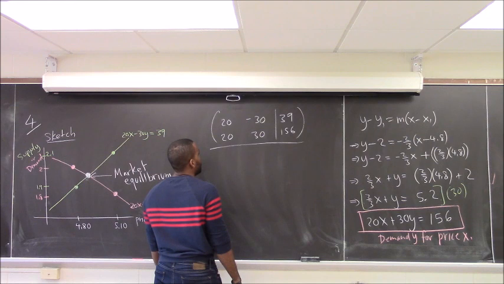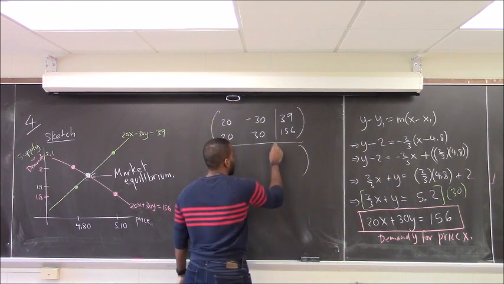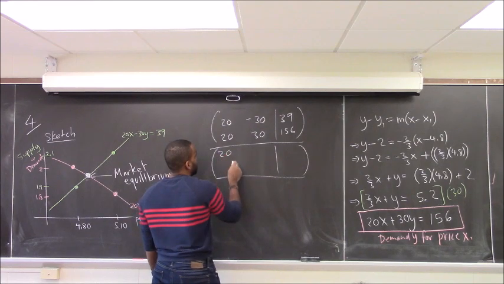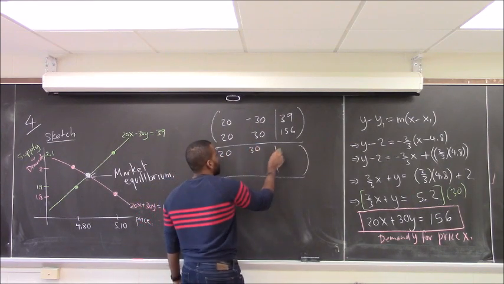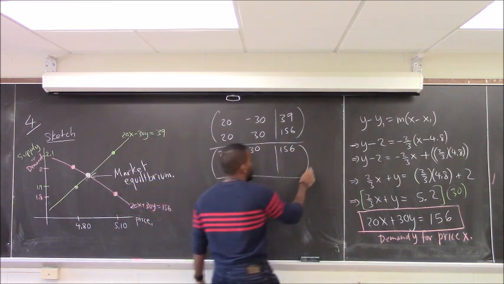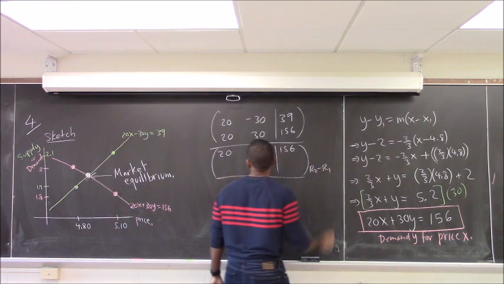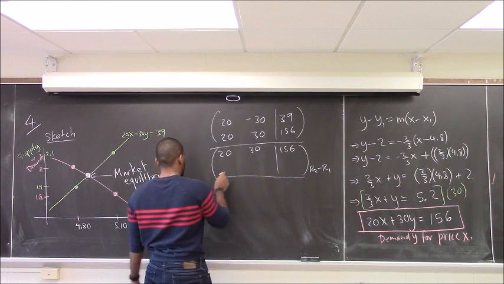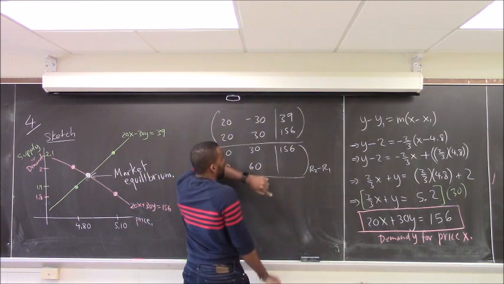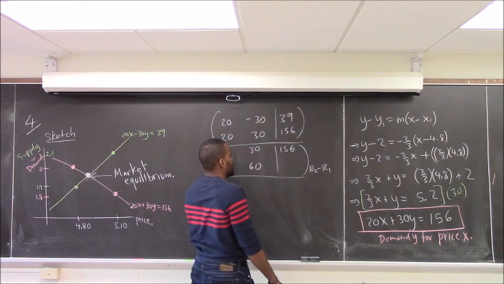One thing I can do is take row 2 minus row 1. This minus that, 0. This minus that, 60. This minus that, 156 minus 39.